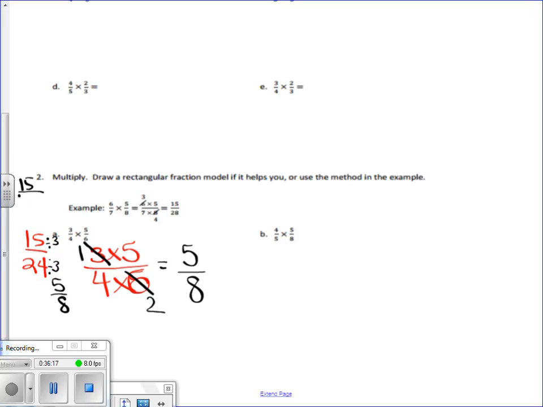What makes 15? 1 and 15, 3 and 5. What can make 24? 1 and 24, 2 and 12, 3 and 8, 4 and 6. And looking at your shared numbers, the only thing that they share is 3. So then simplify by 3. Start making your lists. It makes simplifying a lot easier.